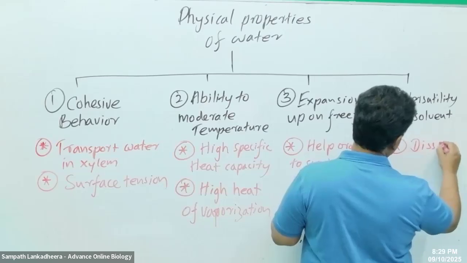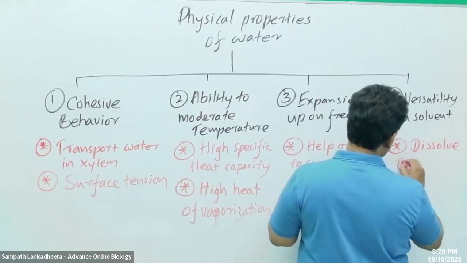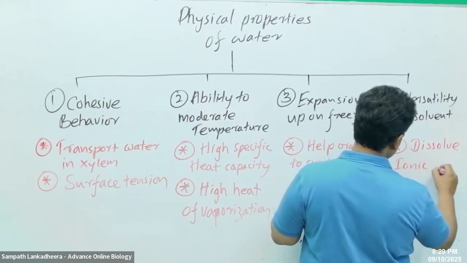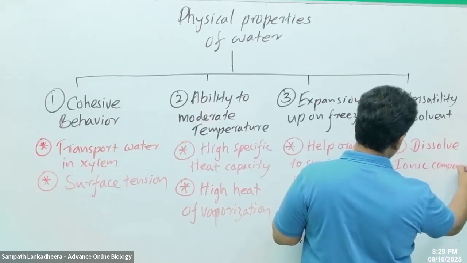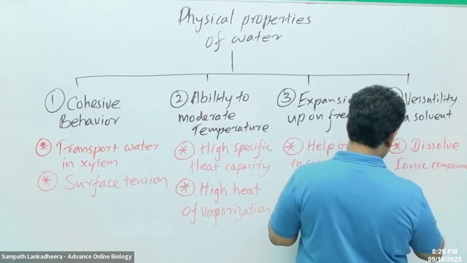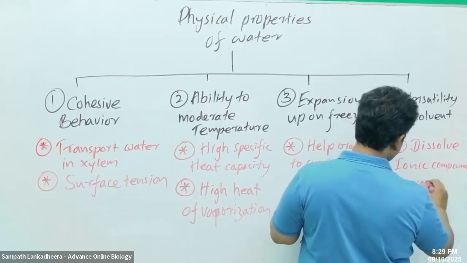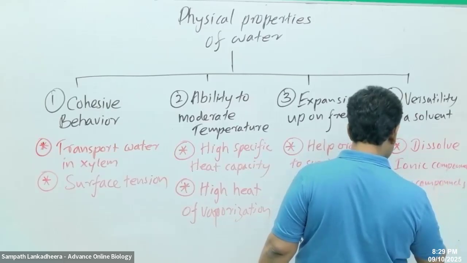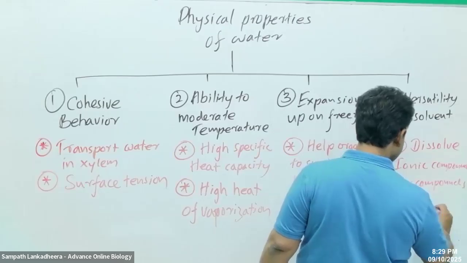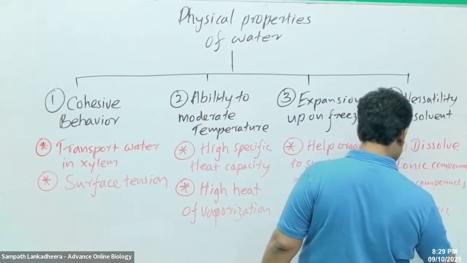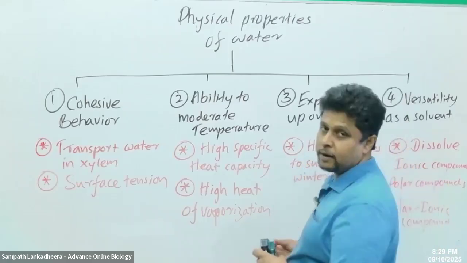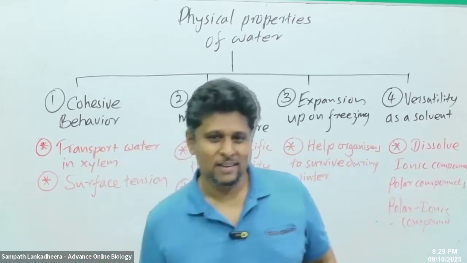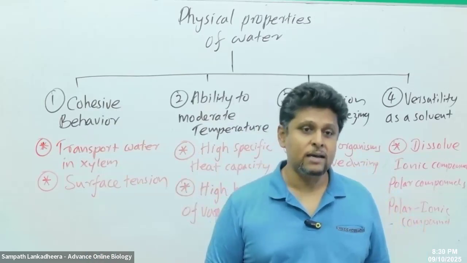So it dissolves ionic compounds and polar compounds, and then polar ionic compounds. Polar and ionic compounds, they are soluble in water, right? So those are the things that we learn regarding water.